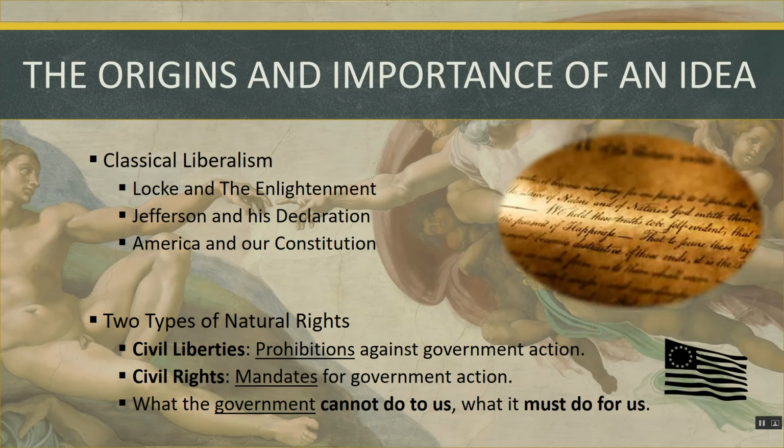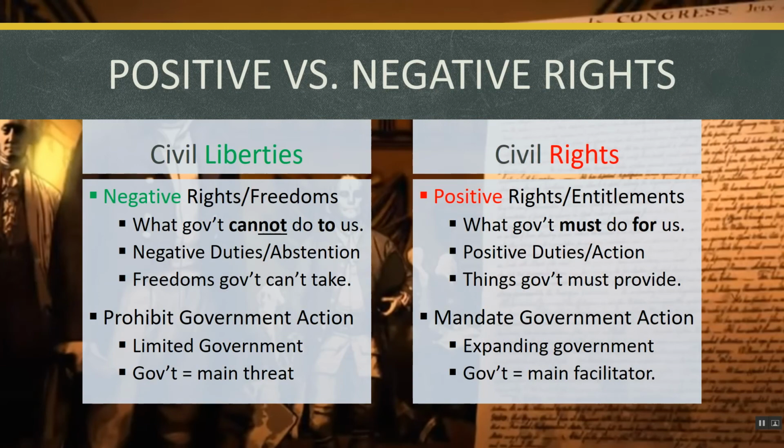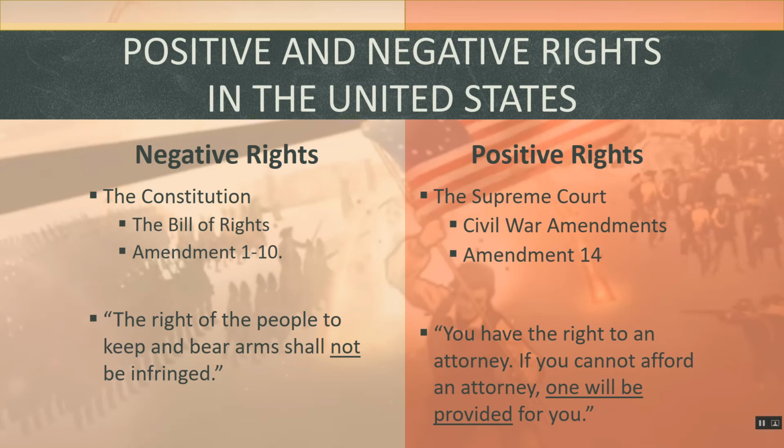And therefore, their primary emphasis was on the preservation of a particular type of natural right, the civil liberty. And at that time, nobody had even begun to talk about civil rights, about the positive rights, the active goods or services that we might be entitled to receive from government. So the reason why the Bill of Rights focuses almost exclusively on civil liberties is that nobody at that time had even begun to think about civil rights.